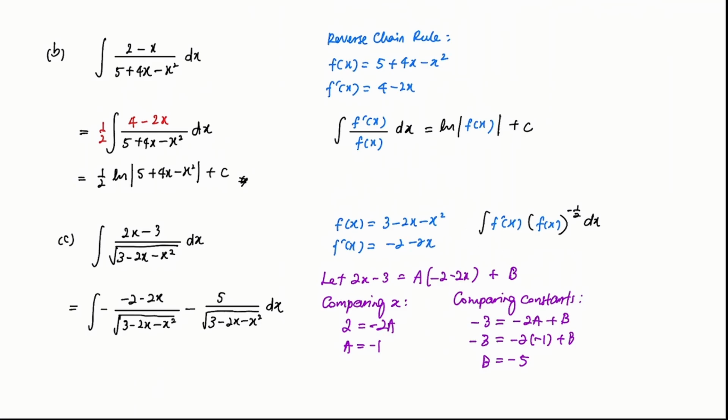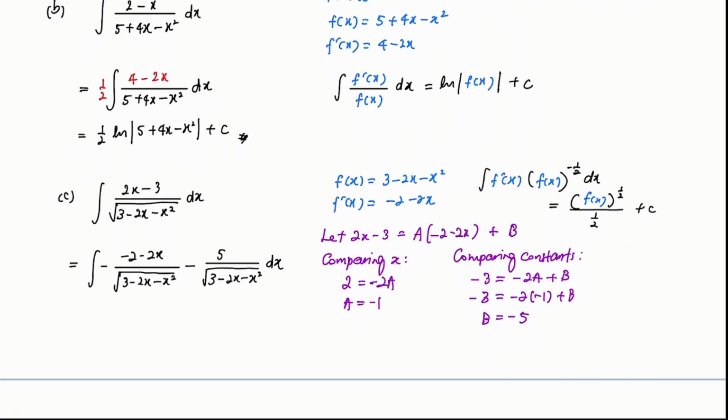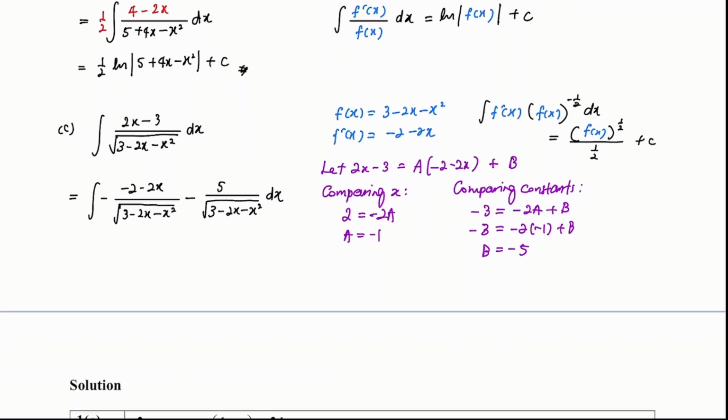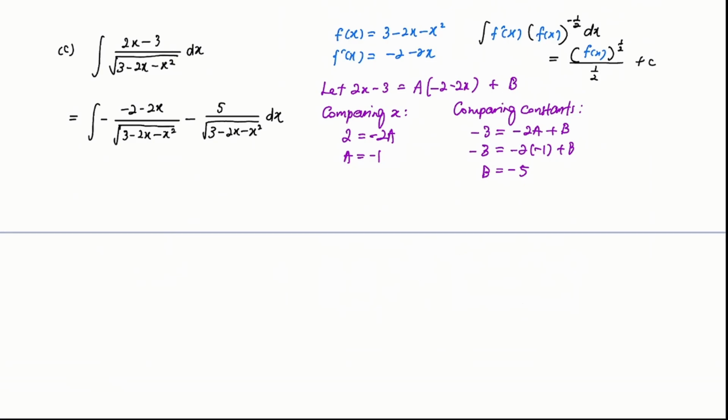Because of that, when you integrate, negative half power plus 1 over the new power, the chain will disappear. Then over here is plus c. So let us integrate this now. We are going to get something like a negative of the thing.